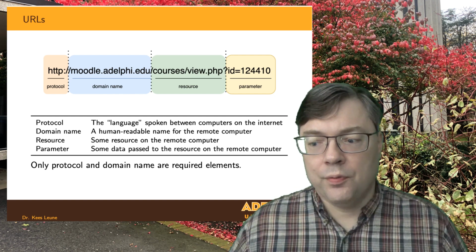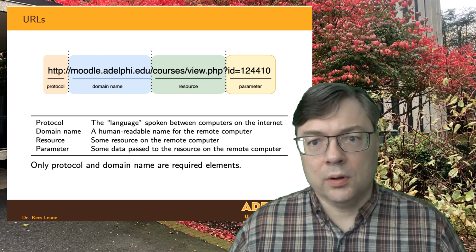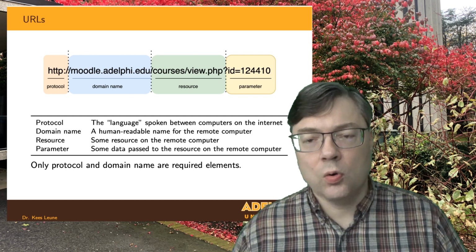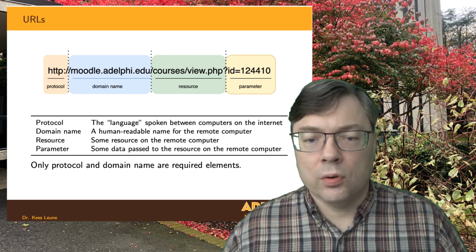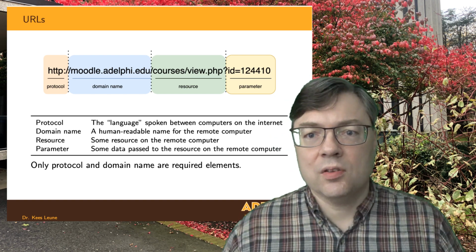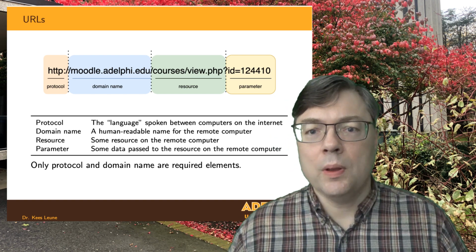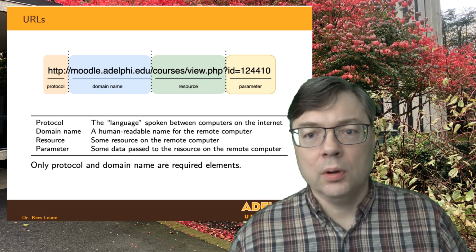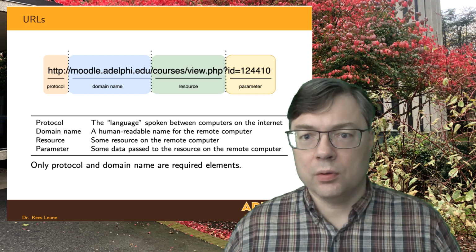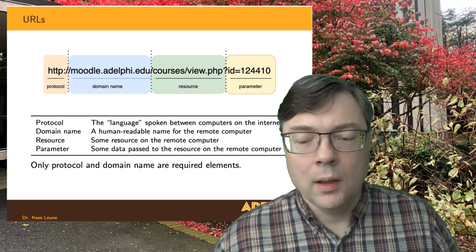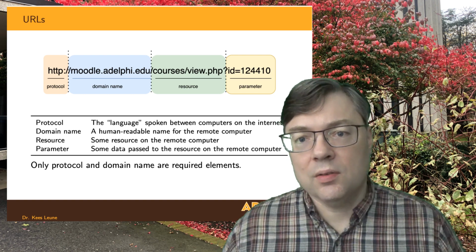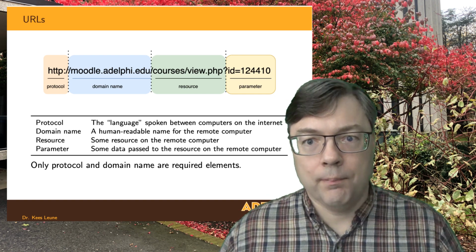Then after that slash, after moodle.adelphi.edu, we see /courses/view.php. That is a resource. That is something that is accessible on the remote computer, that we want to retrieve from that computer so we can show it in our browser. Sometimes it's a file, sometimes it's a program. It doesn't really matter to us what it is, as long as we can access it by name.